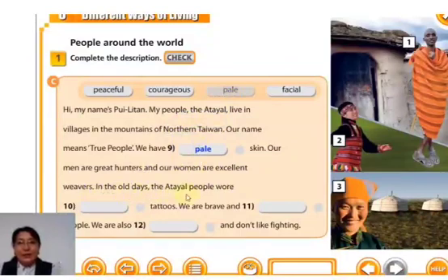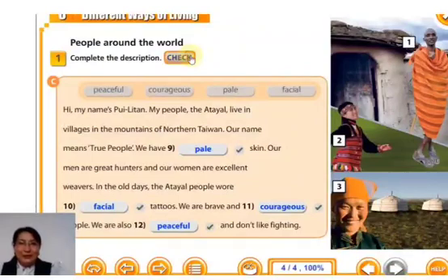In the old days, the Atayal people wore facial tattoos. We are brave and courageous people. We are also peaceful and don't like fighting. Let's check. Excellent. Good job, my dear children.